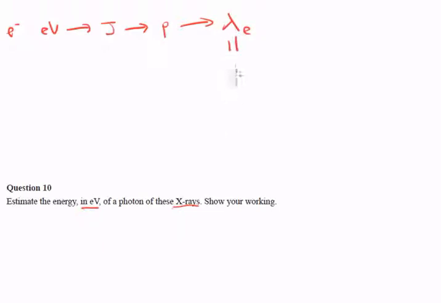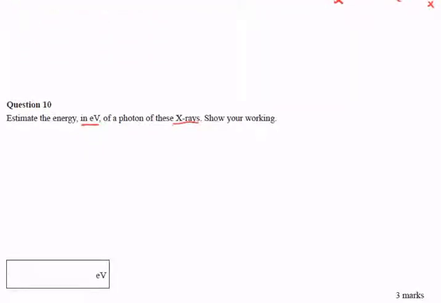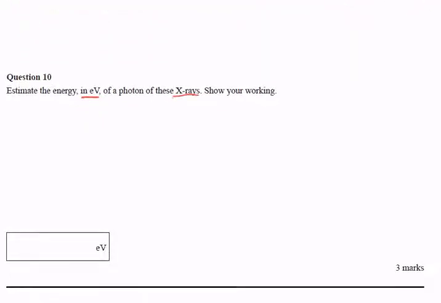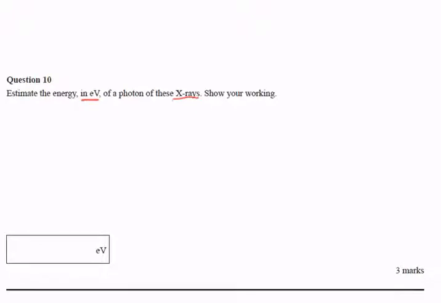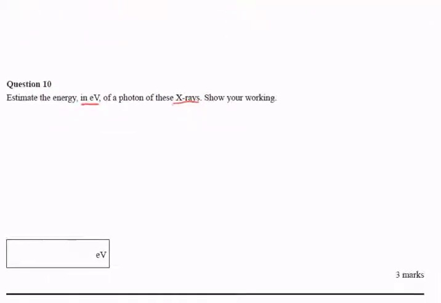I know that's equal to the wavelength of the X-ray, and from that wavelength I'm going to get the energy in joules of the X-ray, and then from that the energy in electron volts of the X-ray. A huge amount of working to get to this answer. We don't have enough space really, but I'll try my best to fit it all in. So we'll follow this and we'll get there.